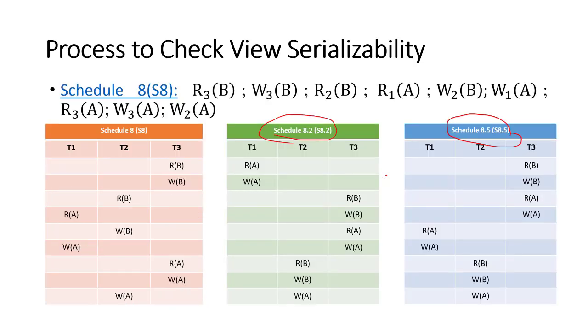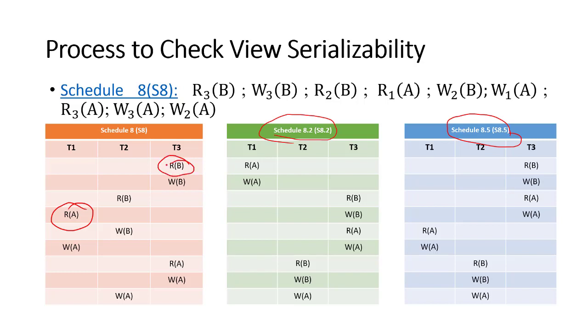Now what are we going to check? We are going to check which operation is performing the initial read operation on both of the data items A and B. In our actual schedule, on data item A, transaction 1 is performing the initial read, and for the data item B, transaction 3 is performing the initial read operation.